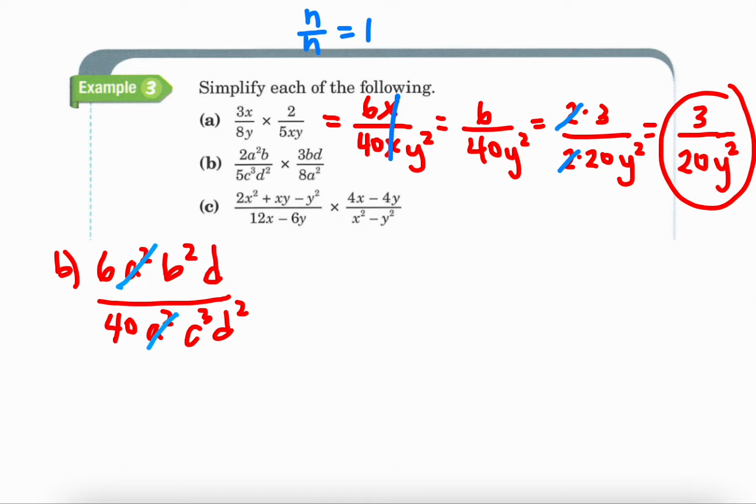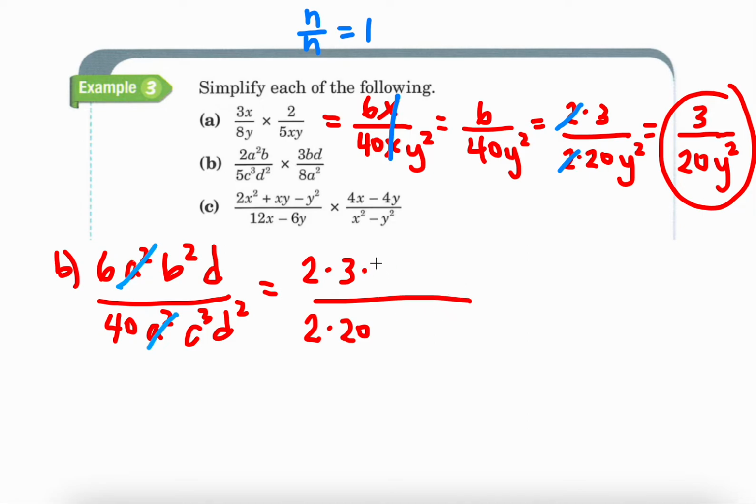And then I can actually break it down further, okay? So 6 and 40, they both share, wow, I got 6 and 40 just like the previous one. They both share a 2. 2 times 3, 2 times 20.